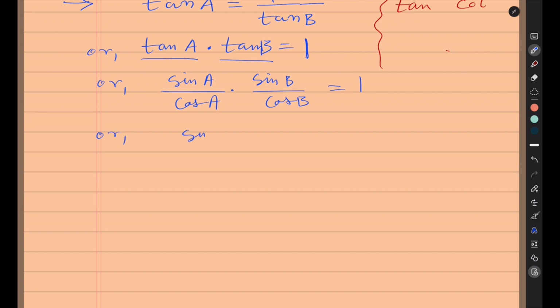So sine A multiplied by sine B will be equal to cos A multiplied by cos B, isn't it?